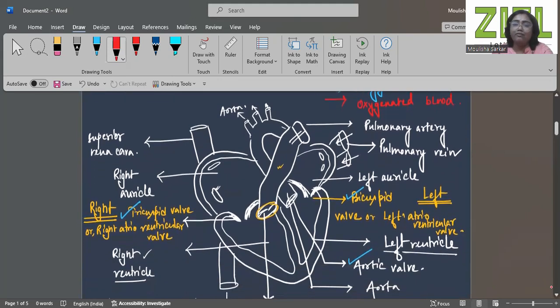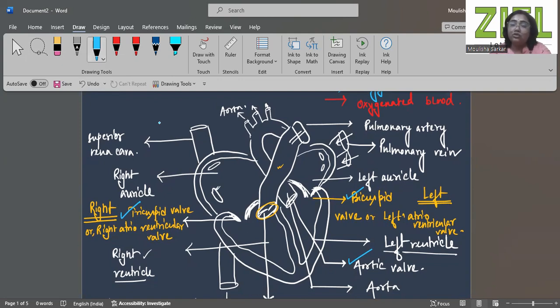First, I'll be considering the right side of the heart. As I told you, the superior and inferior vena cava are responsible for the collection of CO2 rich blood or deoxygenated blood from all over the body, and they deposit it into the right auricle.